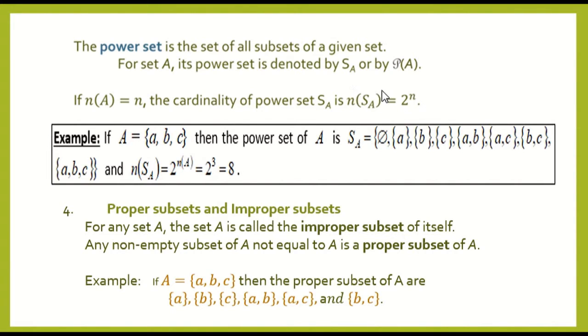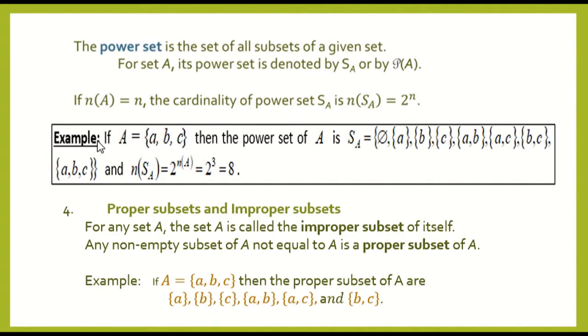So, kani siya ang atoang cardinality sa atoang power set A. So, 2 to the power of n. N here is the number of elements of the set.